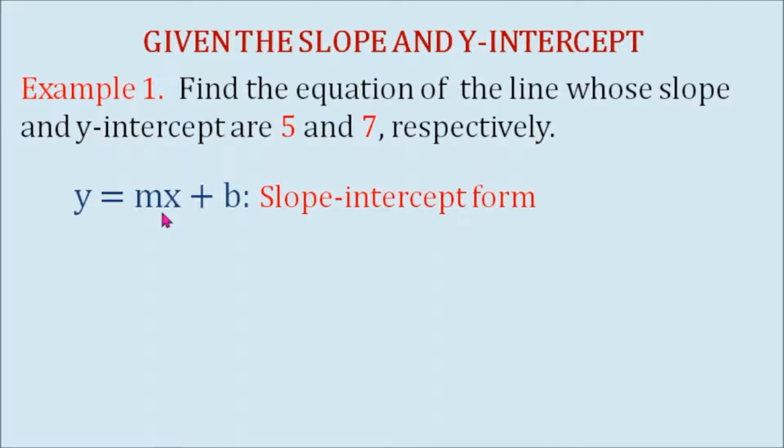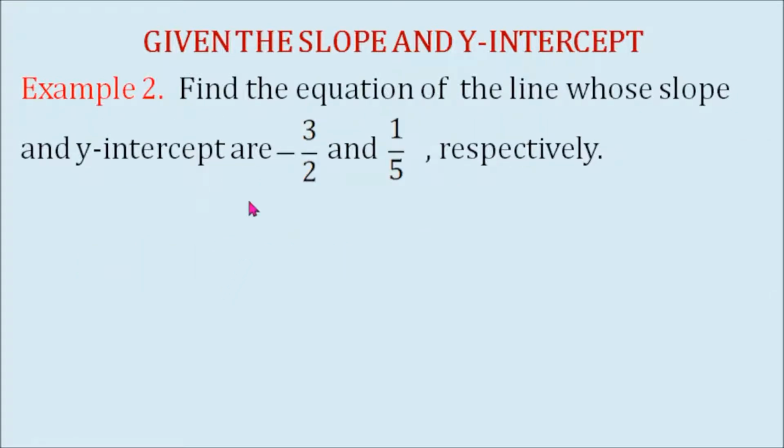So m is the slope and b is the y-intercept. So therefore, we will just substitute m with 5 and b with 7. We have the equation of the line. It's y equals 5x plus 7.